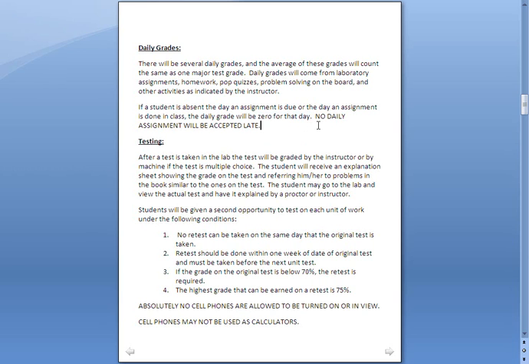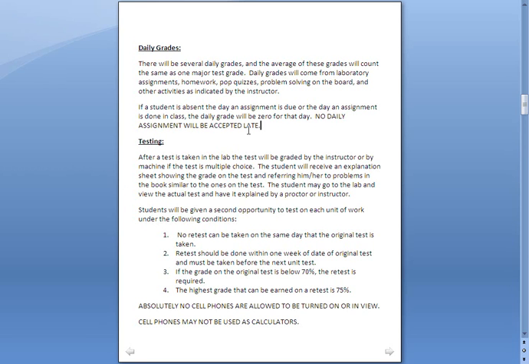And then here's another big issue. No daily assignment will be accepted late. So that means we don't take late assignments. And so you want to be careful because another way that you could get an F in this class is that you accumulate a large number of zeros. Okay, usually 5. Okay. All right, so that daily grade counts as a test grade.